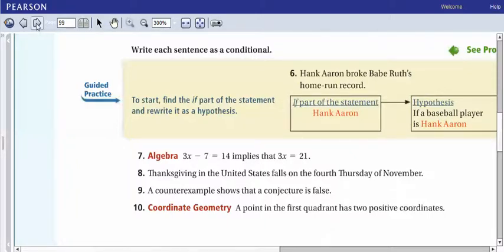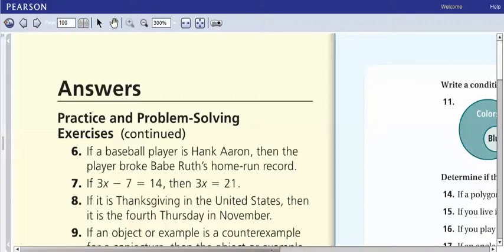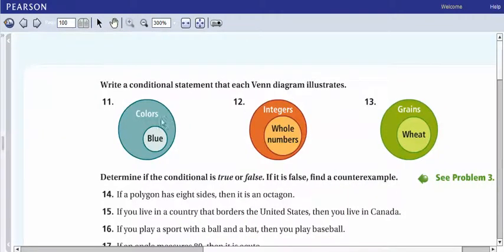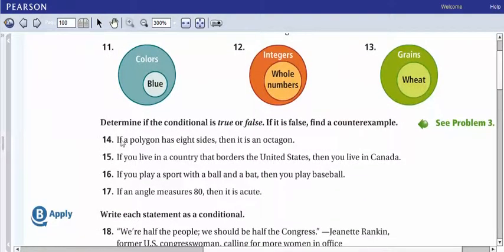On the next page, 11, 12, and 13. We just did an example of that, right? What's blue, the hypothesis or conclusion? Hypothesis. And colors is the? Good. If it's blue, then it has? Okay. Now, in 14 through 17, you're going to read the statement. You're going to determine if it's true or false. If it's true, just write true. If it's false, then you got to write a counterexample. And remember what a counterexample was?